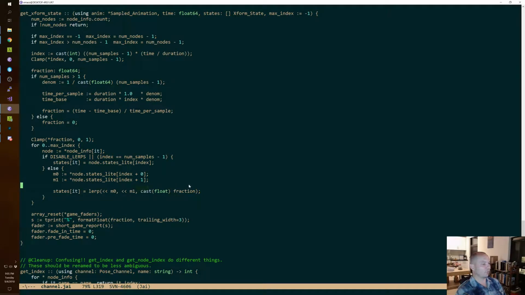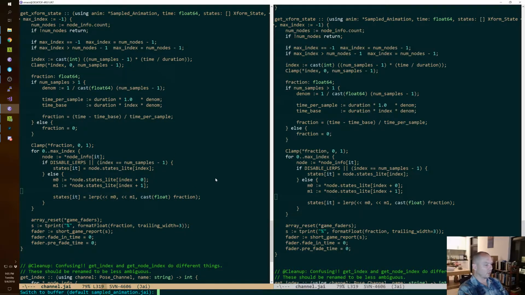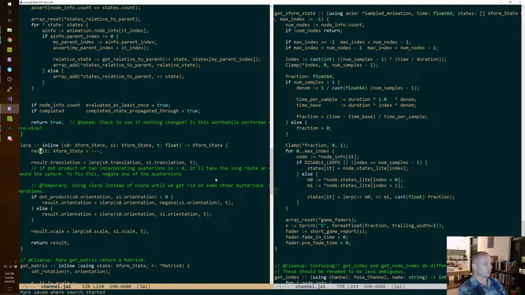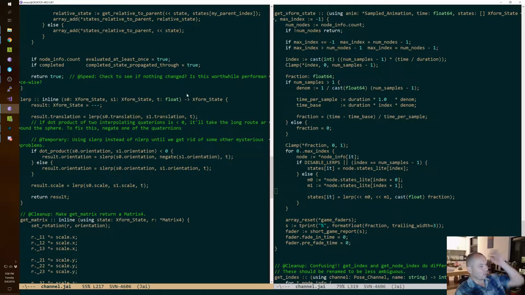And we have a lerp defined. I don't know if that's here or... Yeah, it's here. So we just lerp the translations. We slerp the quaternions. Normally, I use nlerp, normalized lerp, for quaternions, but just for avoidance of doubt, I moved this to slerp for now. And then we lerp the scales, which are vector 3s.